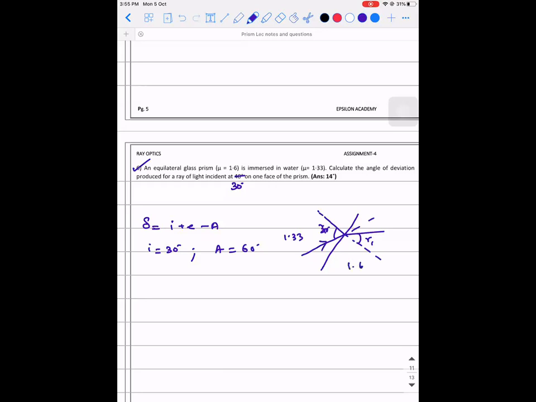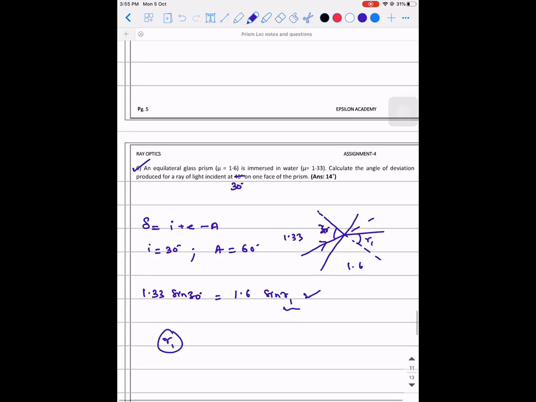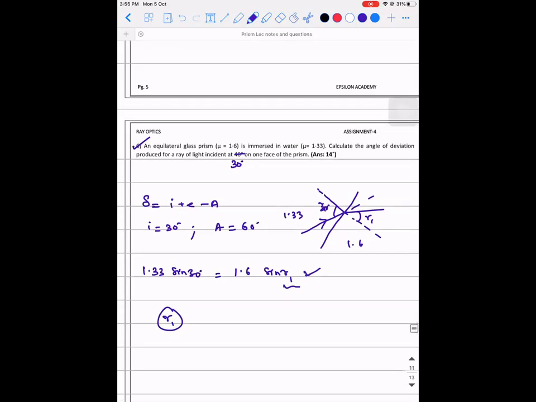So tell me, what will you apply? 1.33 times sine 30 is equal to 1.6 times sine R1. From this, we need to find the value of R1. Then once you get R1, what are we supposed to do? 1.6 times sine R2 will be equal to 1.33 times sine E. I hope you're able to understand why it is so.